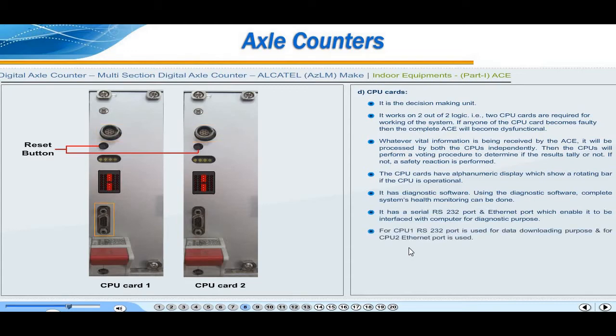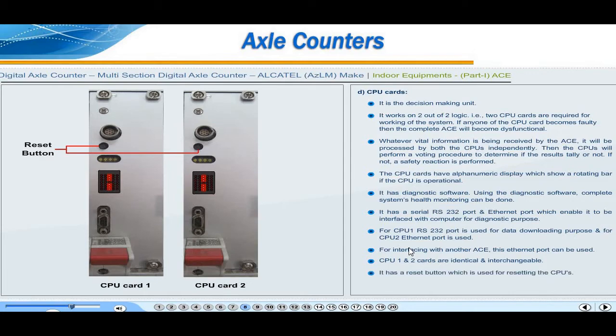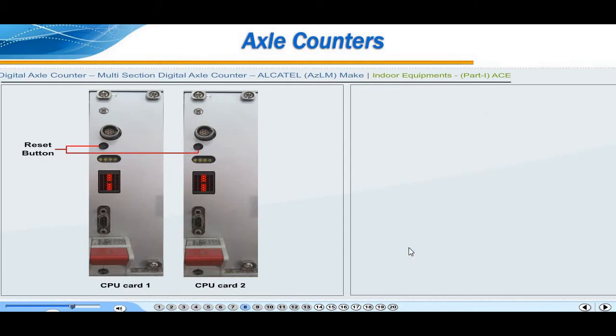For CPU 1, the RS-232 port is used for data downloading, and for CPU 2, the Ethernet port is used. For interfacing with another ACE, this Ethernet port can be used. CPU 1 and 2 cards are identical and interchangeable. It has a reset button, which is used for resetting the CPUs.